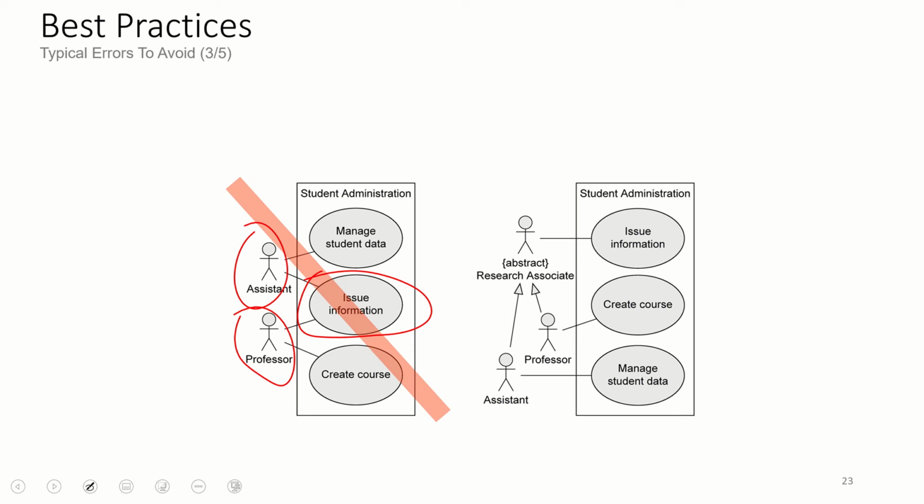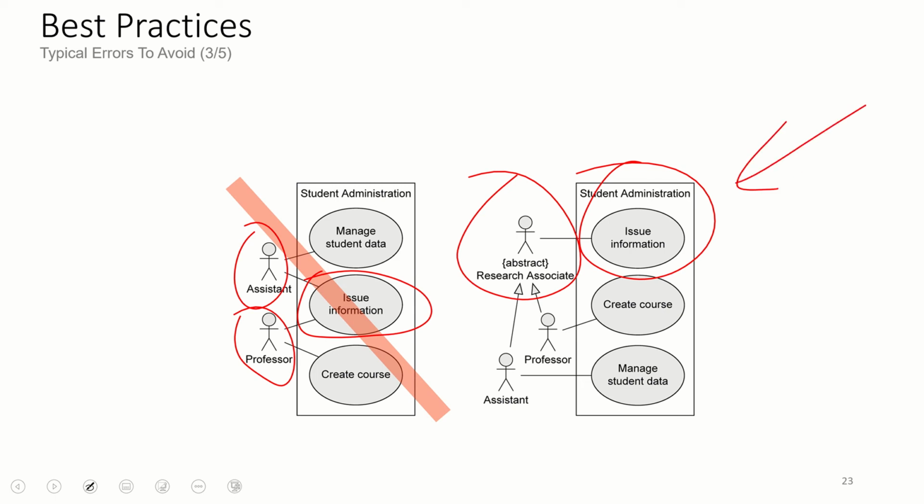If we have a super actor which can interact with issue information, it's very clear for the developer looking at this diagram. So we know the professor can create course and the assistant can manage students' data, and both of them can issue the information.